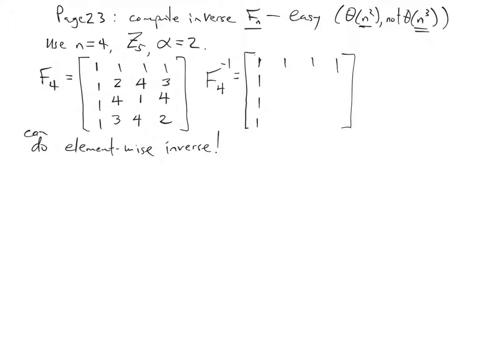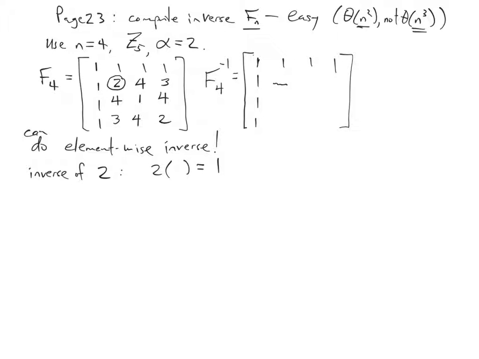So the first interesting thing is what goes here? Well, it's just the inverse of this. So the inverse of this number 2 in Z5, you're looking for the number that you multiply 2 by in order to get 1. And with a little thought, we figure out that that's 3. So this value here is 3.